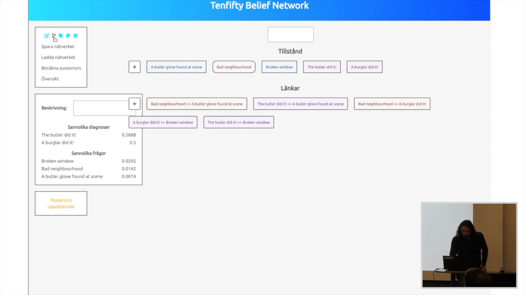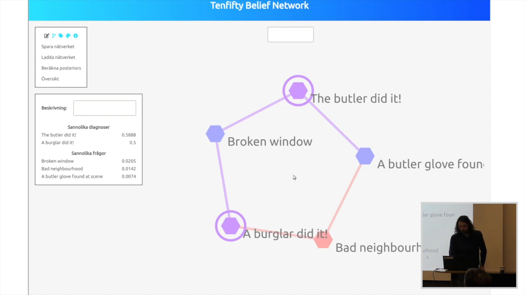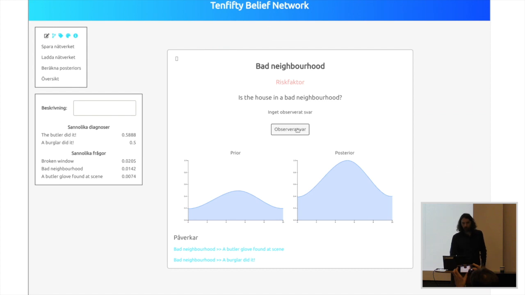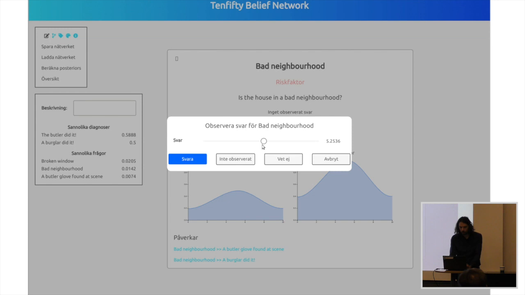And in this network, we've also said that a bad neighborhood affects two things: butler glove found at the scene and a burglar did it. So I can choose to observe my first thing. I know the neighborhood and I know that this is a bad neighborhood. So there will be many burglars, maybe.